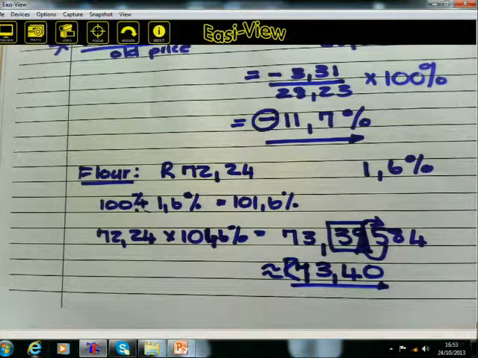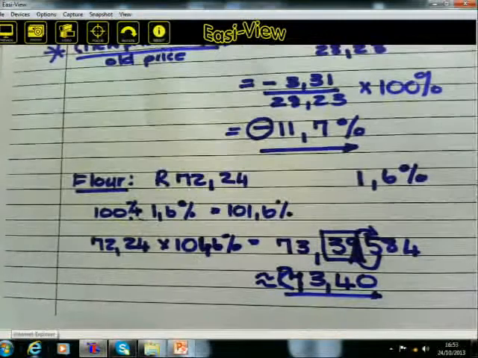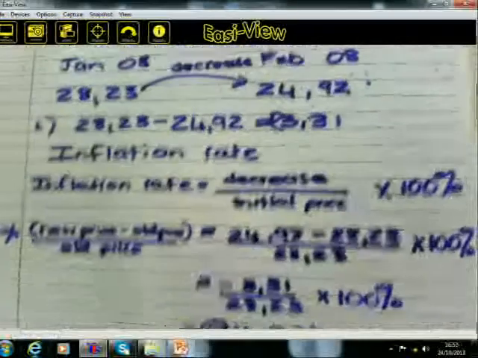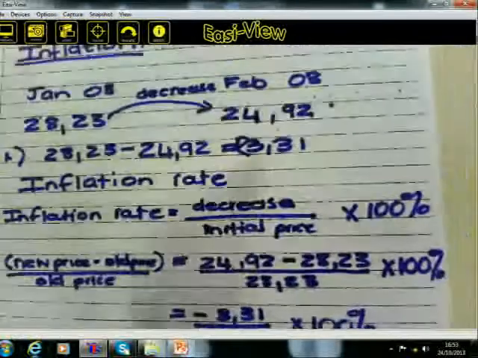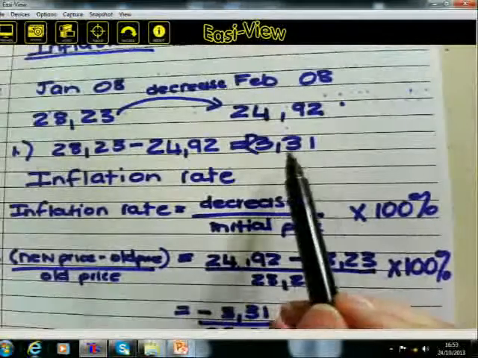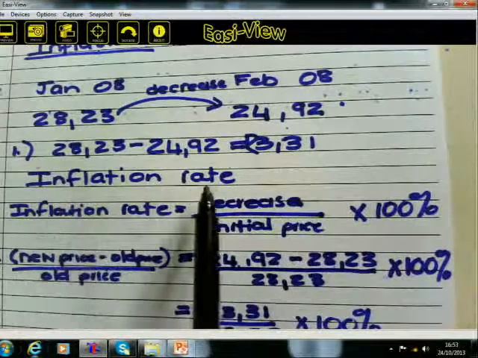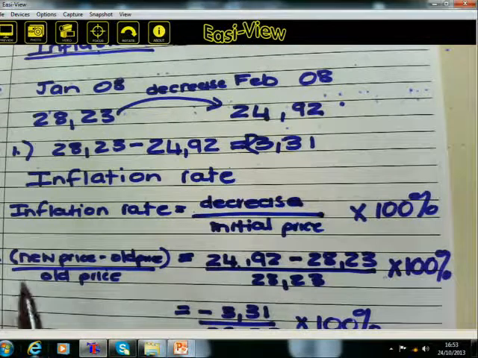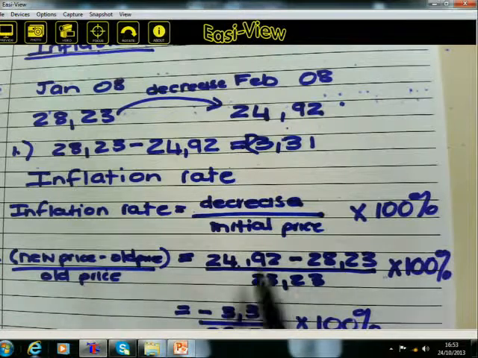Right, so now you have done both an example, I'll just show them to you again, of calculating the change in the product, of calculating the inflation rate, but be careful when there's a decrease. Always remember it's the new price minus the old price over the old price.